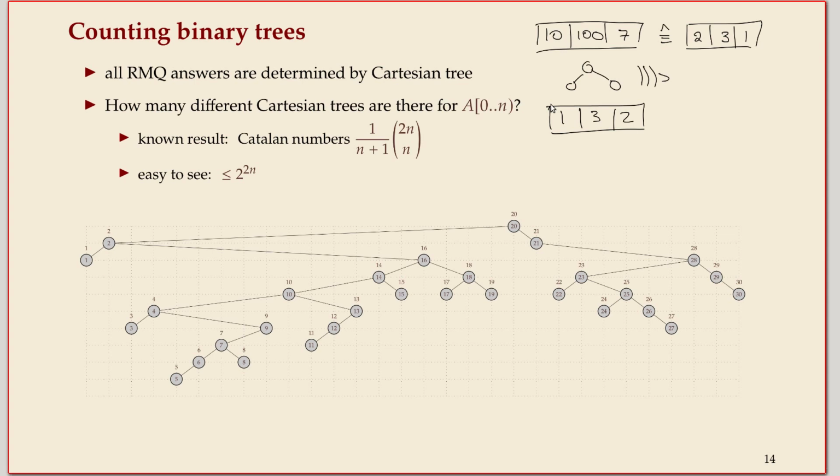In fact, in the Cartesian tree, it's impossible to distinguish which of those two outside elements is smaller or bigger. They're incomparable from the point of view of the range minimum query problem. And that's an important point, because it means we have much fewer answers to the range minimum query problem than we have permutations.